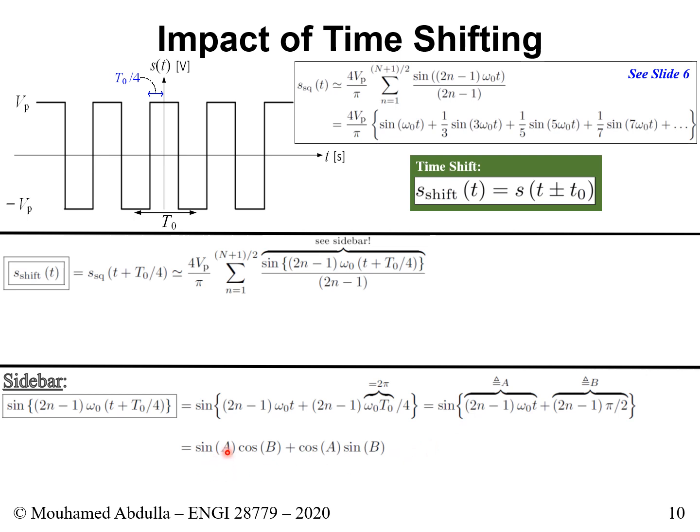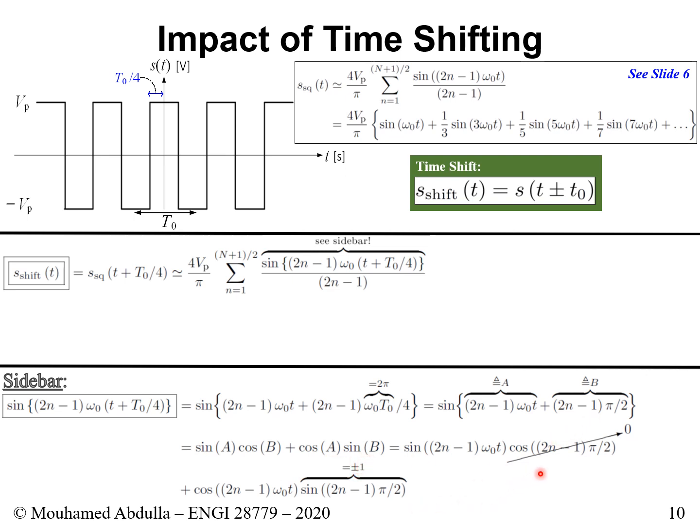I'm going to rewrite it, but instead of A and B, I'm going to put in the actual values: sine of this, cosine of this thing here, plus cosine of A multiplied by sine of B.